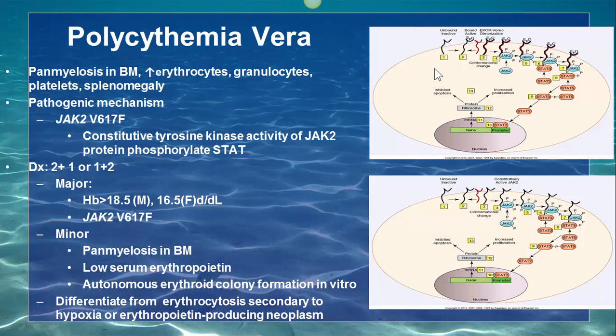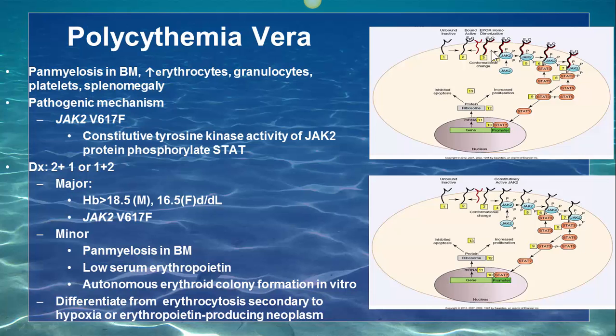With such a mutation, transcription is activated without the presence of erythropoietin, while the upper panel of the figure shows what occurs normally without the JAK2 mutation. Transcription is only activated when erythropoietin is present. In other words, with such a JAK2 mutation, the production of blood cells is out of the control of erythropoietin.